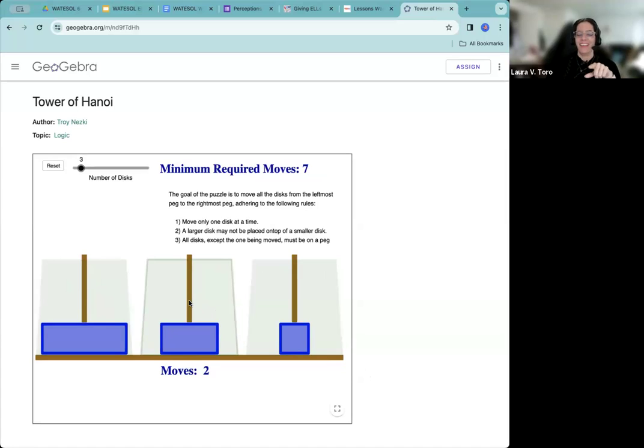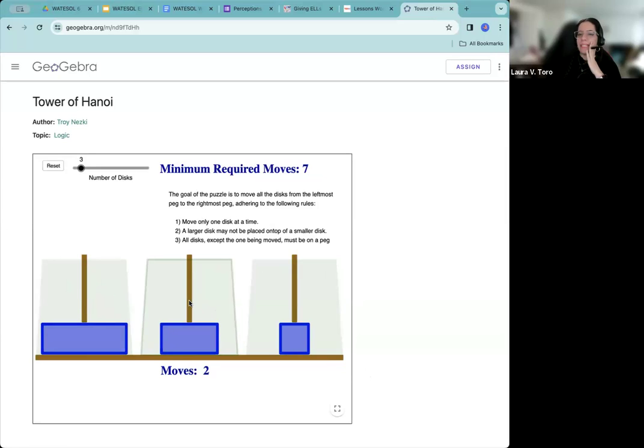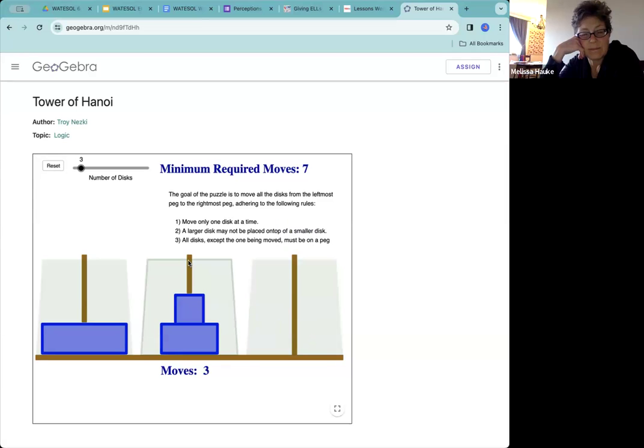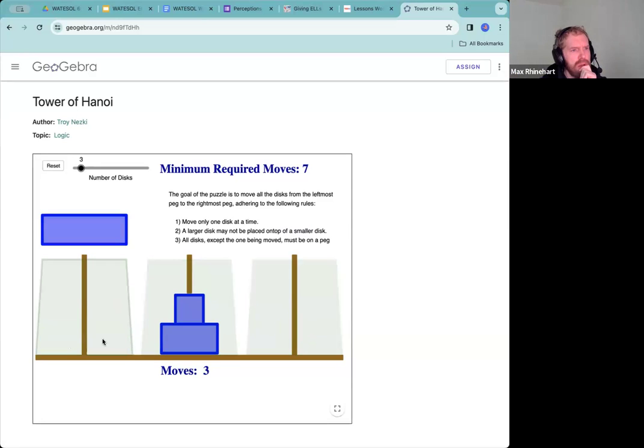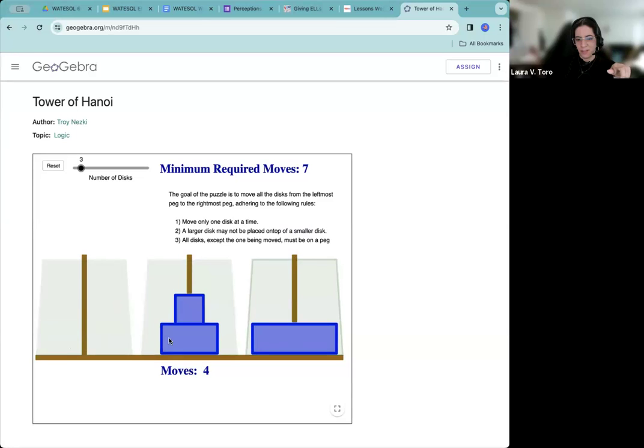Wait. Help me, team, please. Maybe the 3rd column item onto the middle, and then the biggest one on the left all the way to the right. And then the small one to the first column.